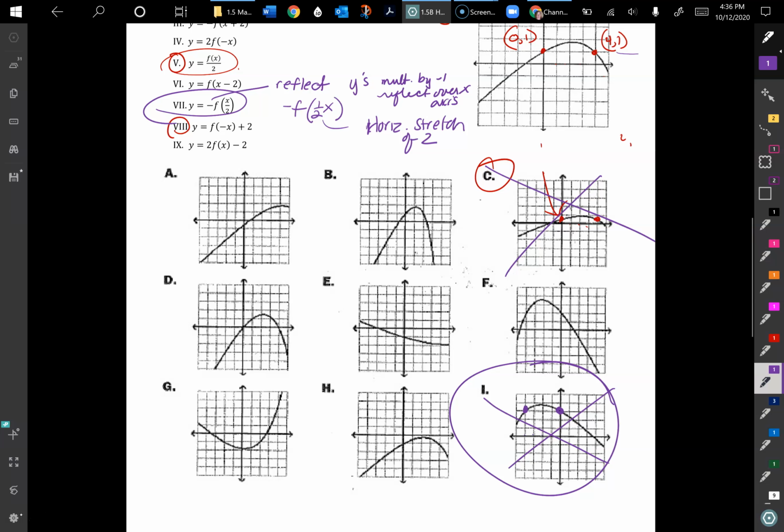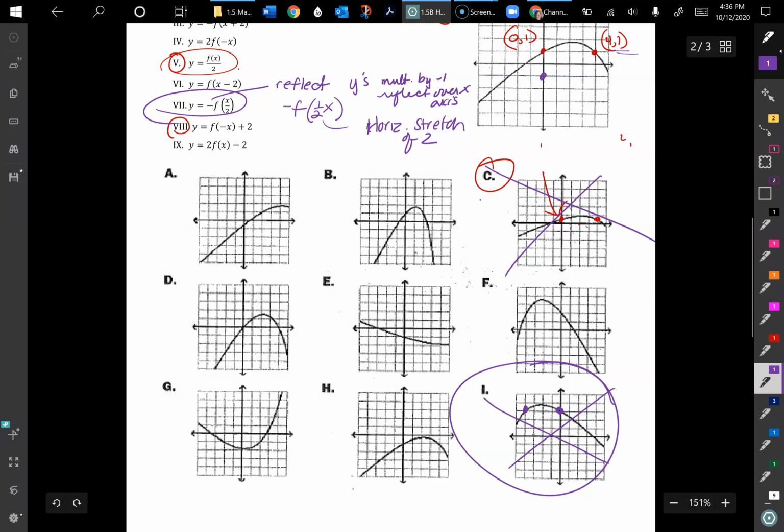So I have 2 things going on. I have my reflect, so I have to think, how did these points come around the other way? So this would have to end up having a -1, but it would also have to be a stretch of 2. So if my point is 0, I would have 2 times 0, which would still be 0, and then this point would become -1.